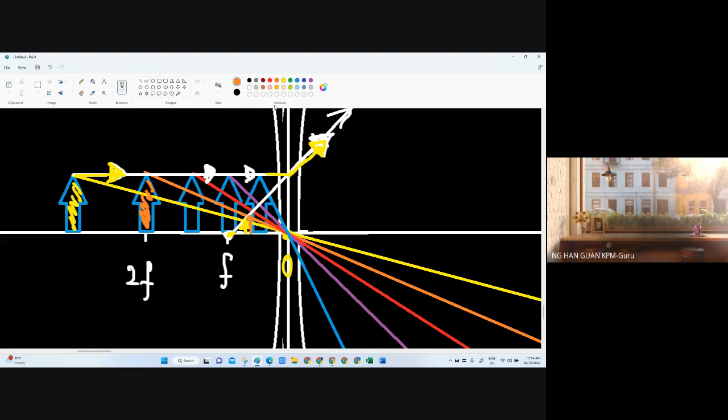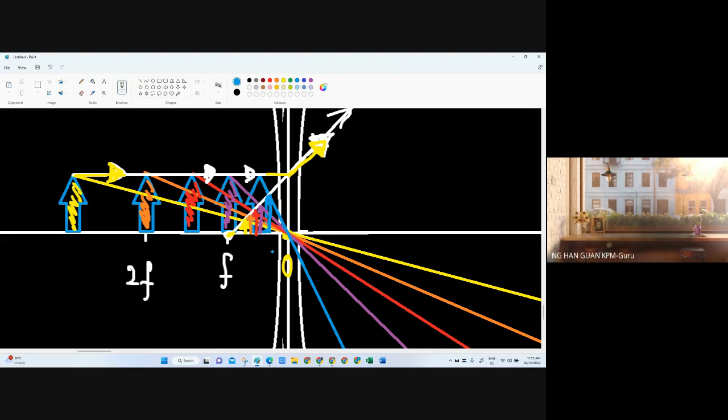Okay, and then the next one, the red colors. So here's the red colors. And then the purple colors. Okay. Purple colors. Okay, so image will be here. Purple color will be here. Okay, and then the blue colors will be here.